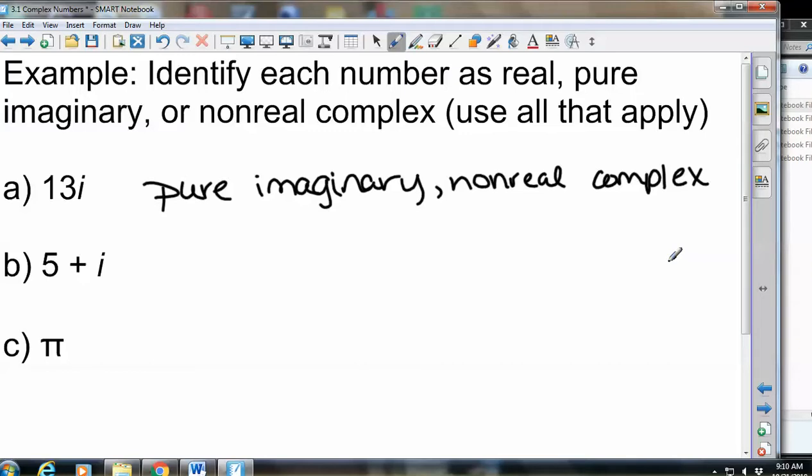If I say 5 plus i, it's not real because it has an i. It's not pure imaginary because of the 5. So this one is non-real complex. What about pi? That's real.